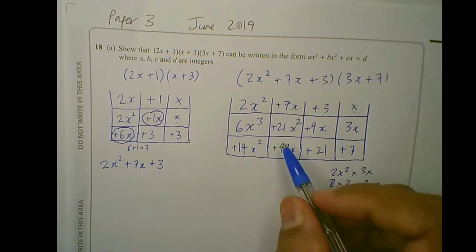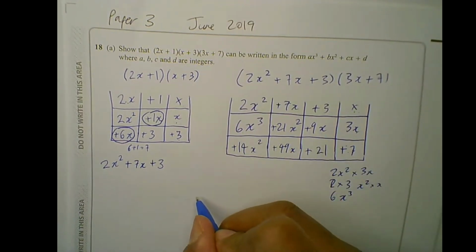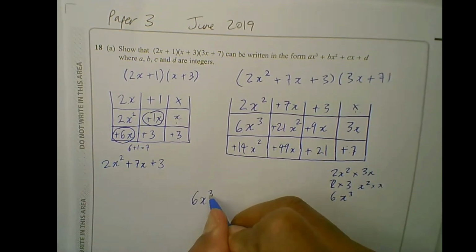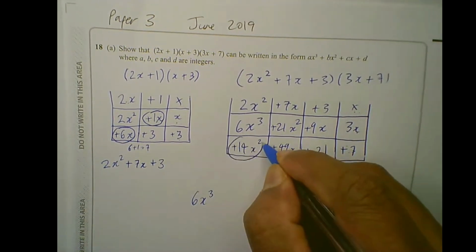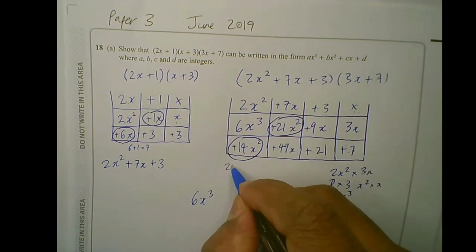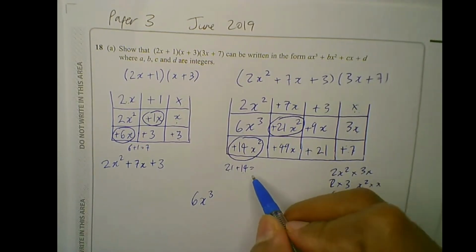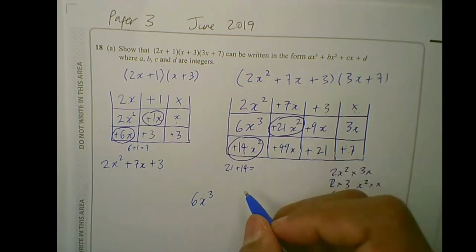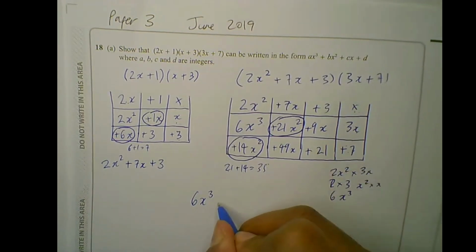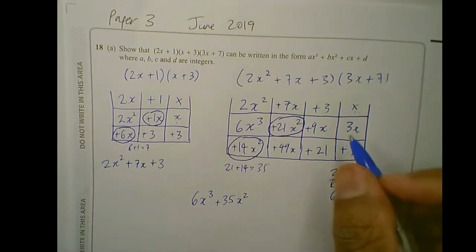And now I simplify. So I've got 6x cubed. I've got x squared here and x squared here. So 21 plus 14. That gives me 21 plus 10, 31, plus 4 is 35. So plus 35x squared.